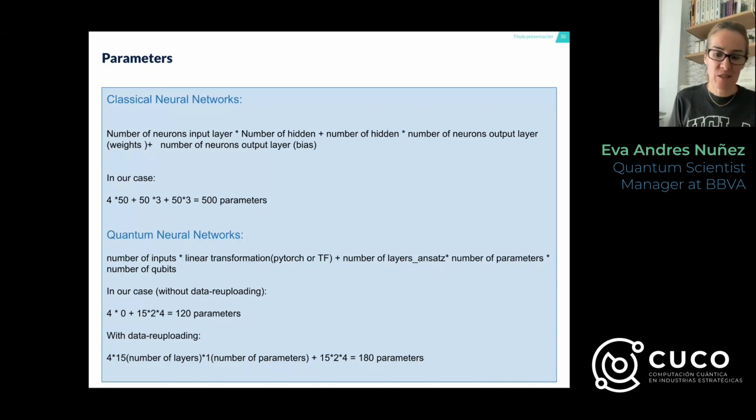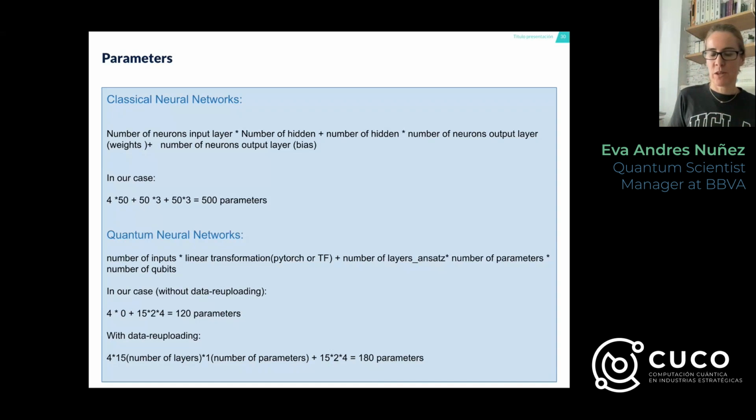So in summary, we have two techniques to solve this problem. The first one, the quantum neural network without data reloading, is very simple. You only need an encoding layer that prepares the data, and an ansatz layer that has to be repeated several times, executing the steps of the algorithm. And that's all. So you only have one type of learning parameter in this layer.